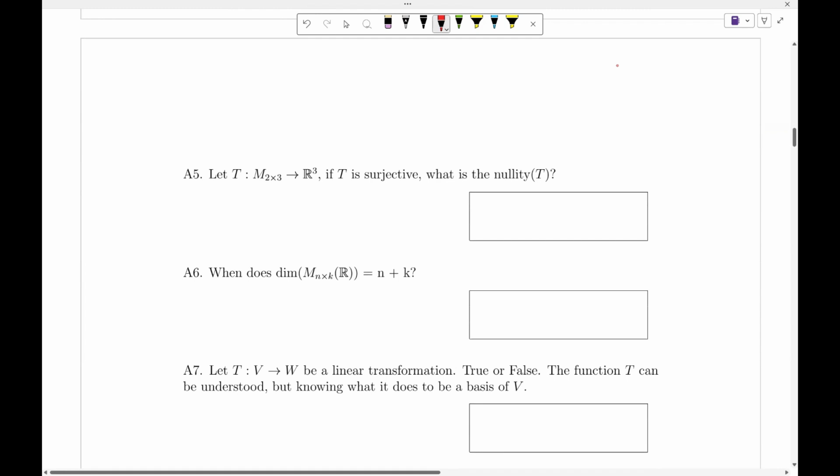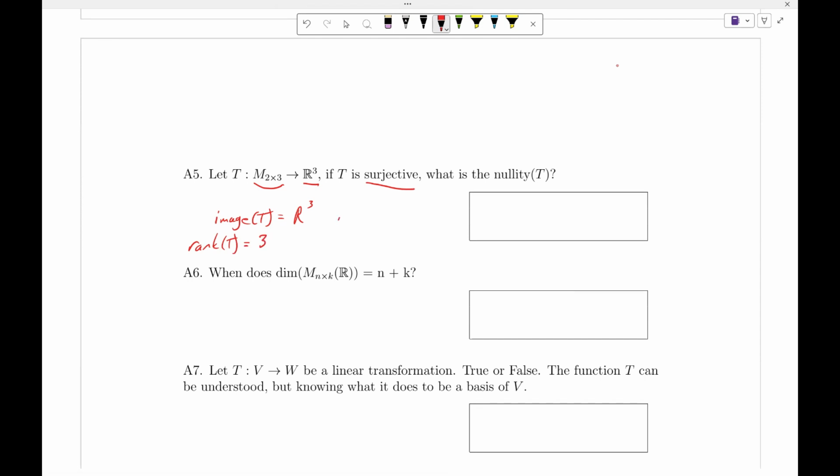Now we have a linear transformation going from the 2 by 3 matrices to R3. And it's said that it's surjective, which means that the image of T is equal to R3, or the rank of T is equal to 3.